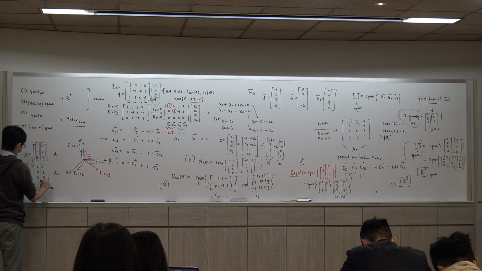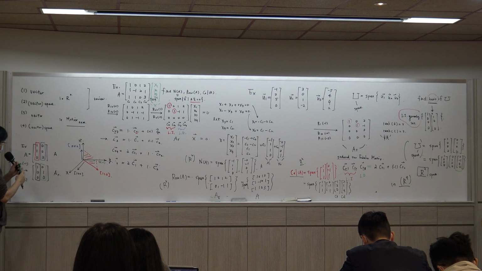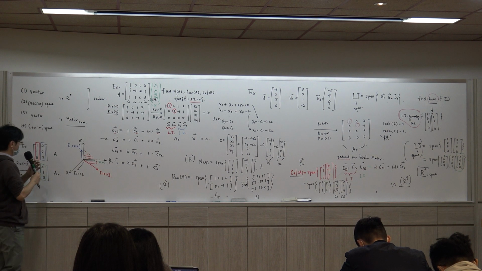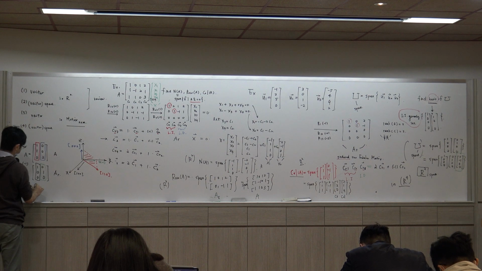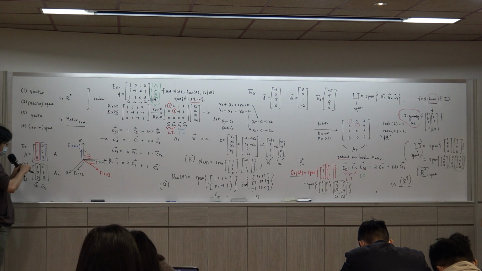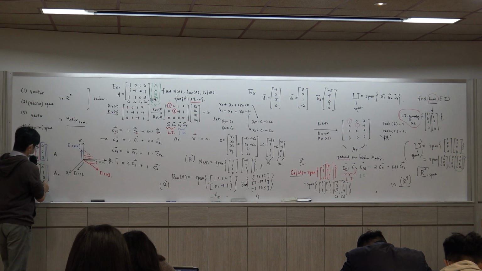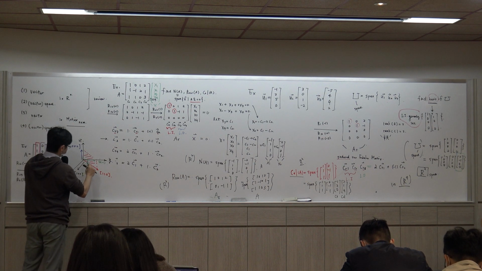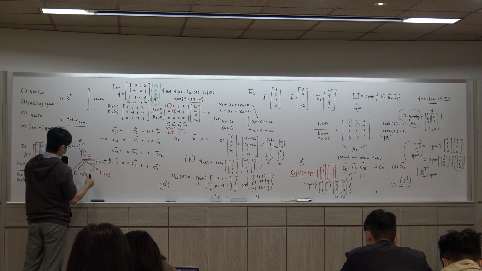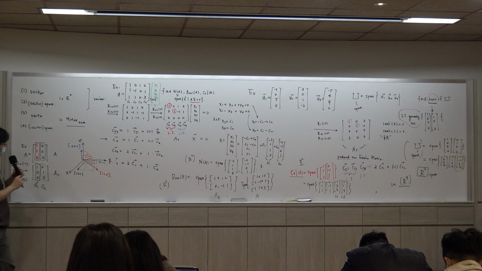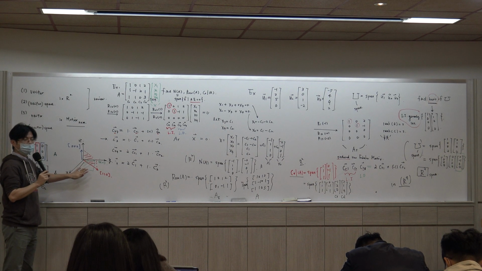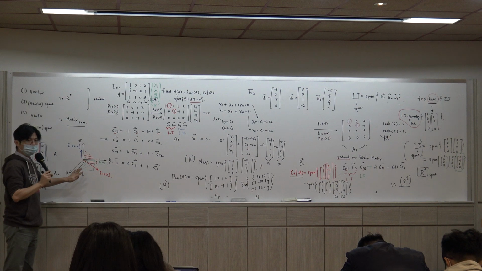So if you use the two column vectors in the reduced echelon, the space spanned will be a different plane. So the two planes are not the same.